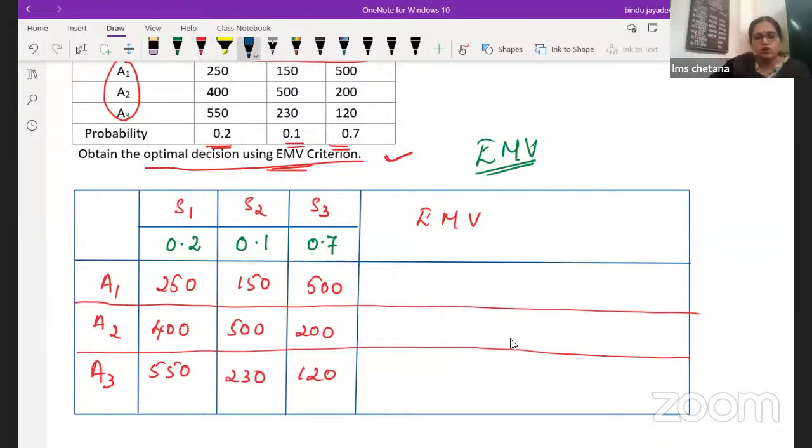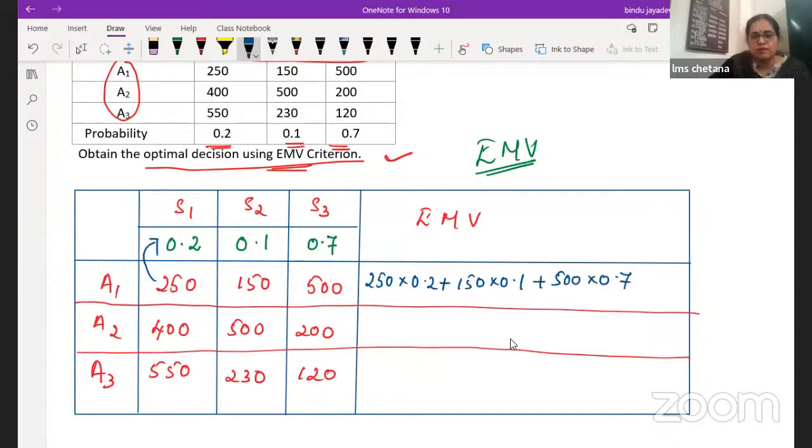See, what are you going to do? In front of A1, you calculate EMV of A1, EMV of A2, EMV of A3. Here, 250 multiplied with this probability: 250 into 0.2 plus 150 into 0.1 plus 500 into 0.7.